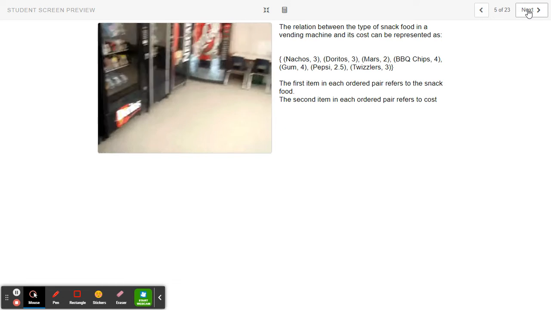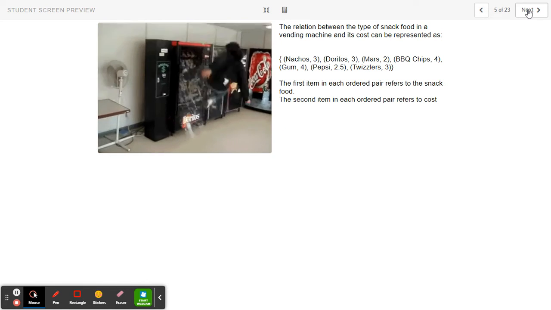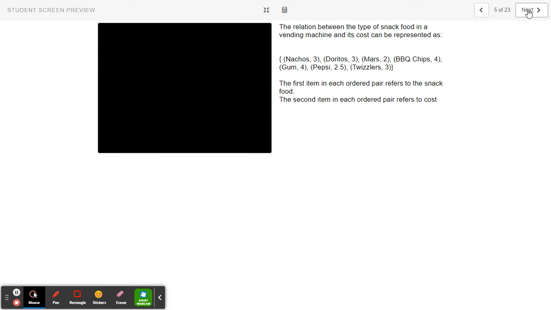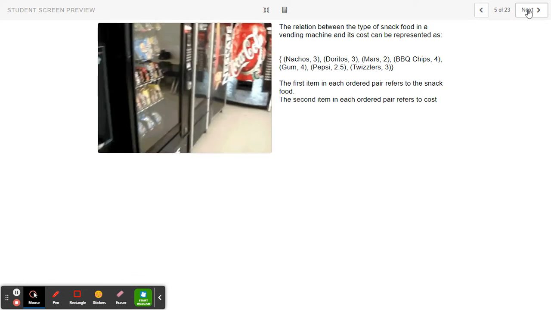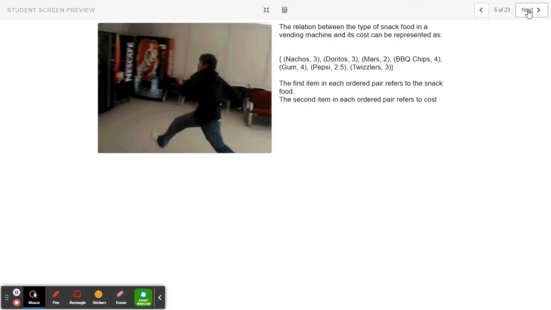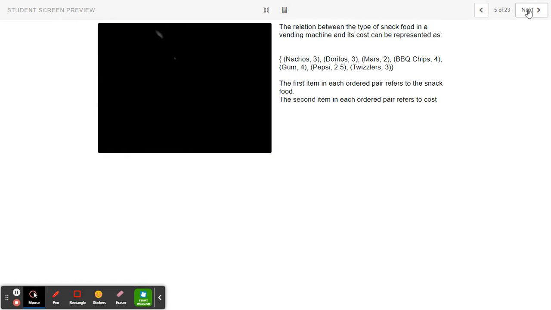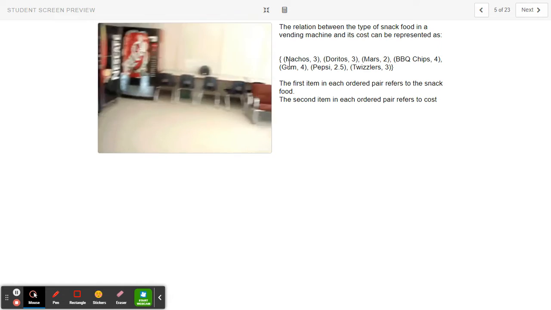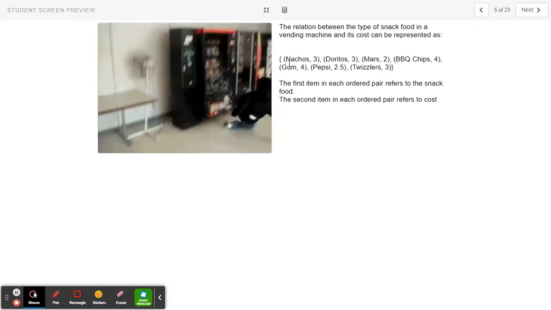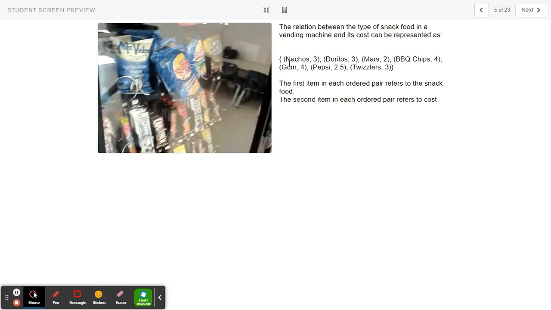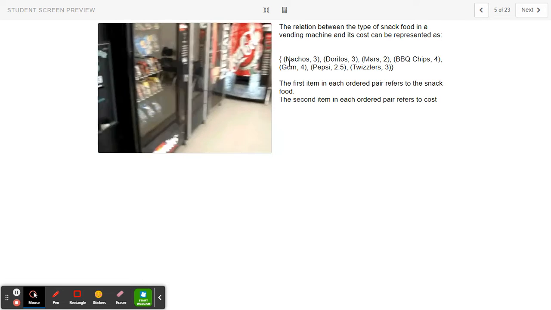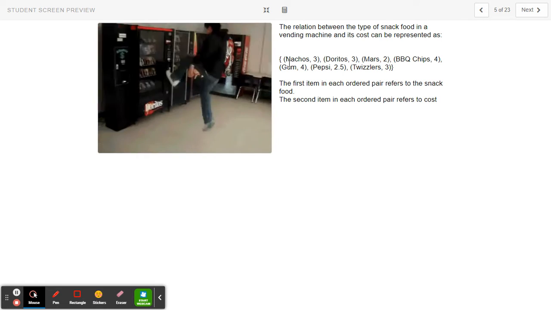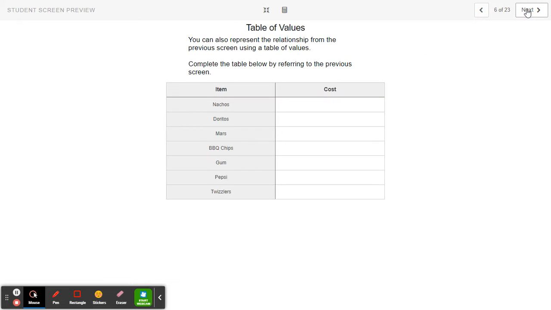So here's an example of a relation where my two things are the snack food in the vending machine and the cost of it. If you look at this relation, the first value, or the input, is always the snack food. The output is the amount that it costs. So in this table of values, we go back and refer to the numbers.